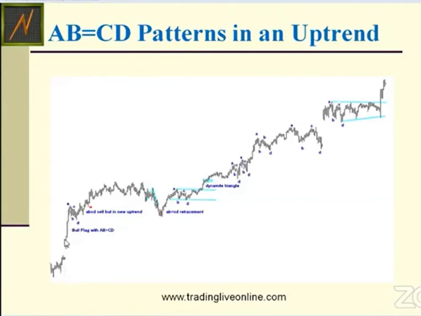You can take the length of the flag, and then at the breakout point of the flag, project that to the upside, and that can give you a target to work with. If you're trading multiple shares, contracts, whatever, it gives you an opportunity to reduce some of the risk in the trade, take some profits, and maybe trail a stop on the remaining portion.